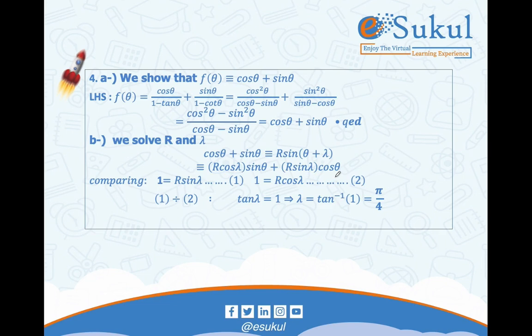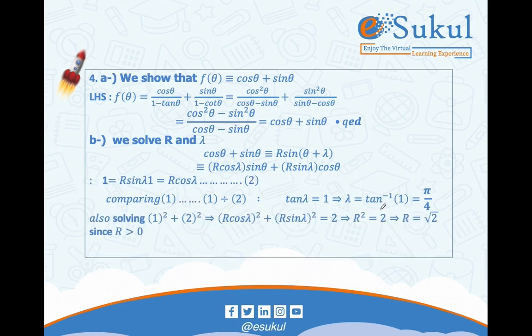So pairing the two equations, we have two simultaneous equations to be solved, which will permit us to solve for lambda as pi on 4, which is tan inverse of 1. Then squaring the two equations, and using the condition that r is greater than 0, we have r to be root 2 units.